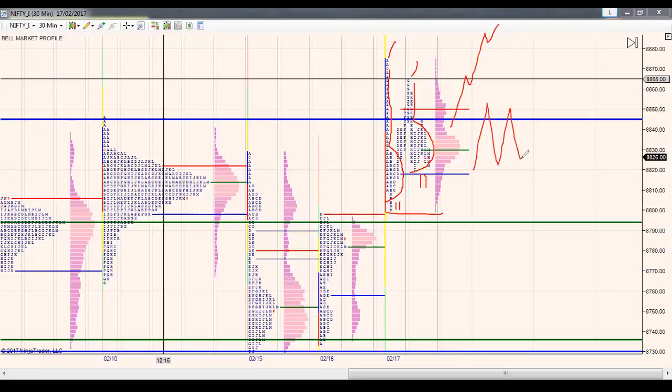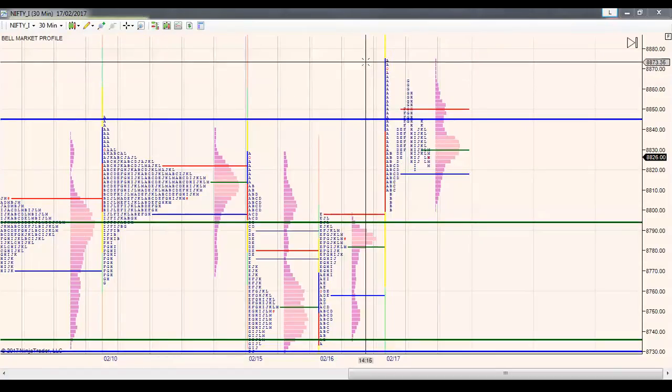We might balance some more, repair the anomalies of this profile, wear everybody out, test everybody's patience, and once everybody gives up, then try to trap people on one side of the market and move the market directionally. Given that the expiry week is there, there might be some nice opportunities for short-term trades, which will give a nice risk reward. So I think that is all from my side for today.